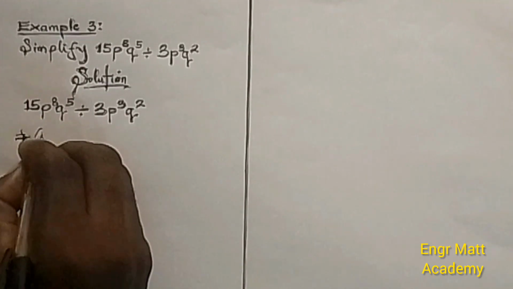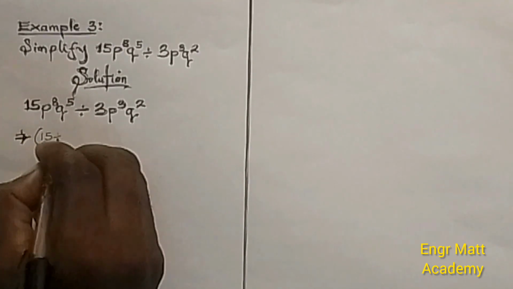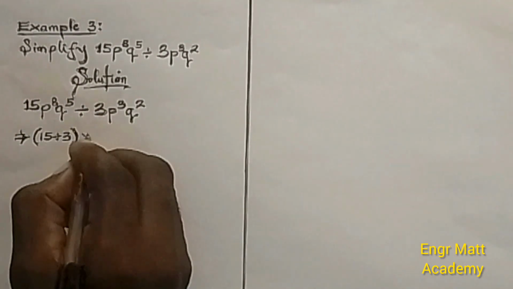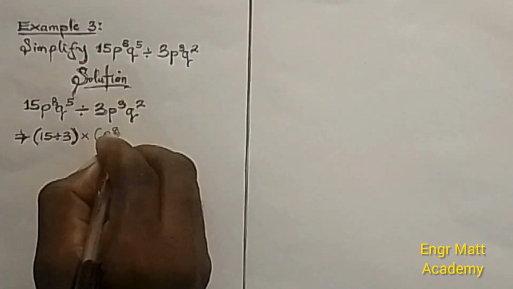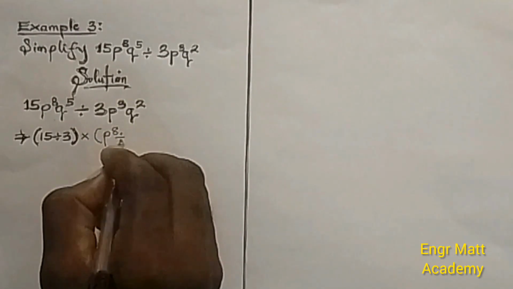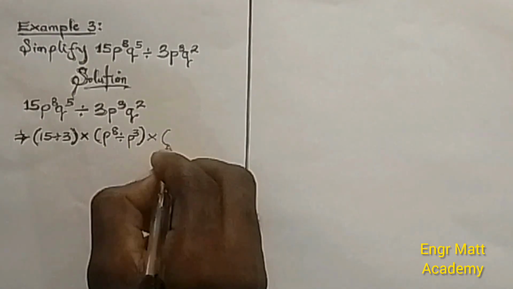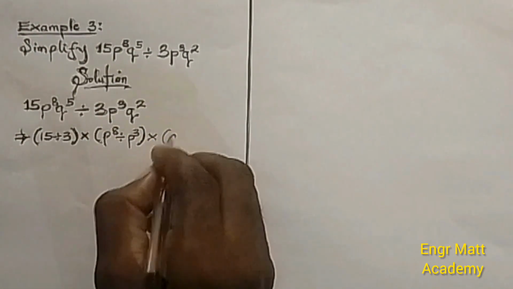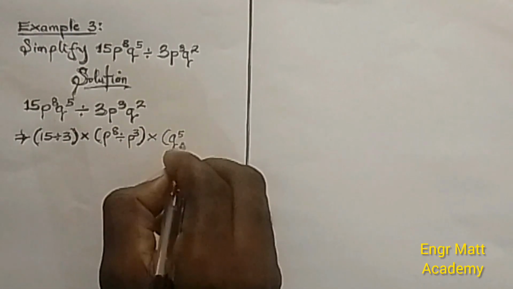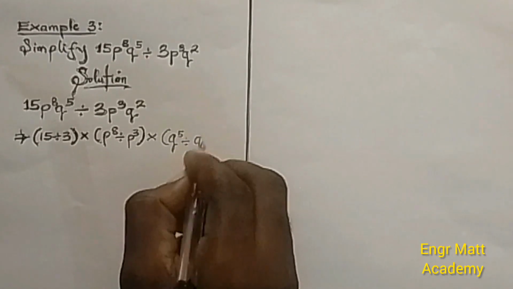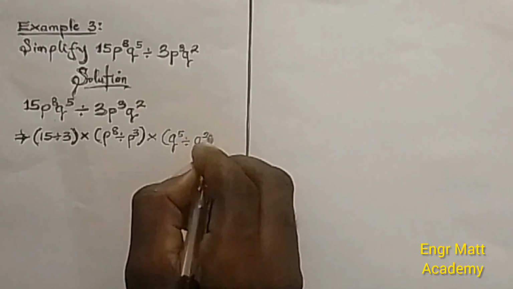So we get 15 divided by 3 times p raised to power 8 divided by p raised to power 3, times q raised to power 5 divided by q raised to power 2.